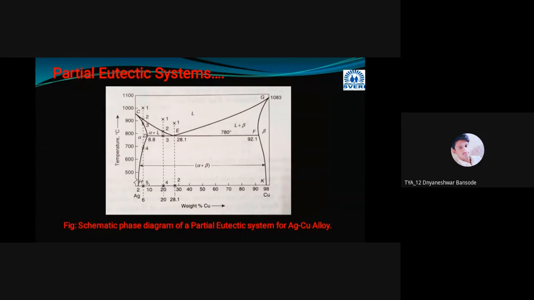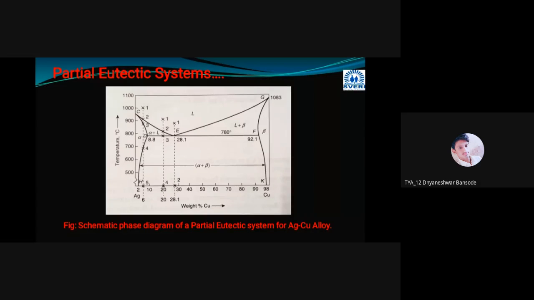Okay, now here I will explain the microstructural changes of three alloys. Starting from the left corner, you can see 6% copper, 20% copper, and 28.1% copper. The first one is simply the cooling of an alloy having silver and 6% copper, and we will see the microstructural changes in the next slide.